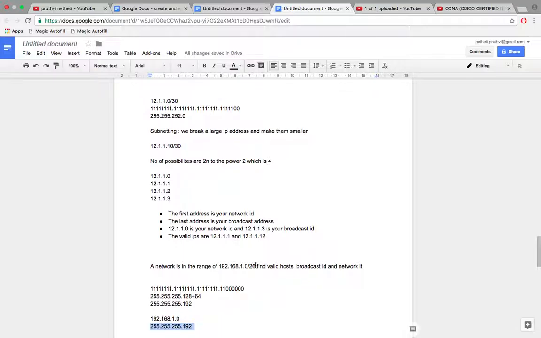Now you have to find the valid hosts. How many bits are for hosts? 6 bits are for hosts. 2 squared is 4, 2 cubed is 8, 2 to the power 4 is 16, 2 to the power 5 is 32, and 2 to the power 6 is 64.